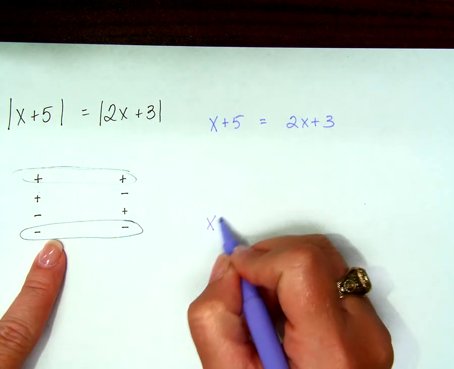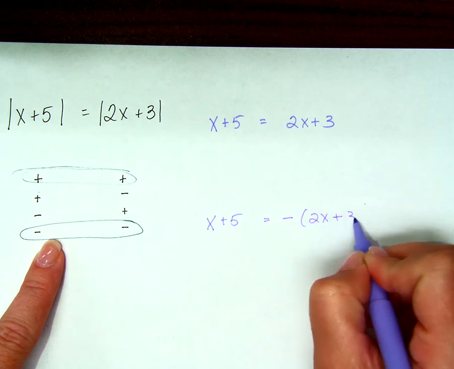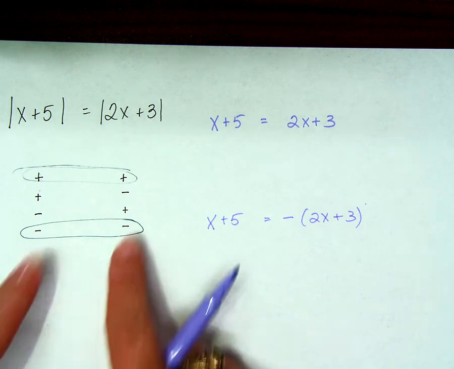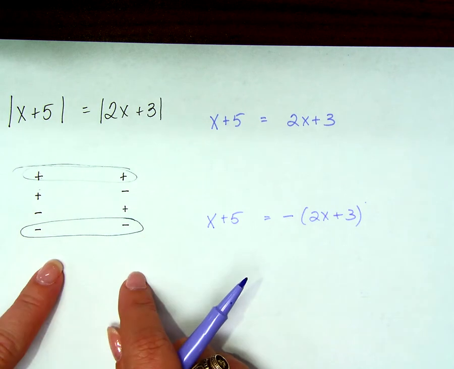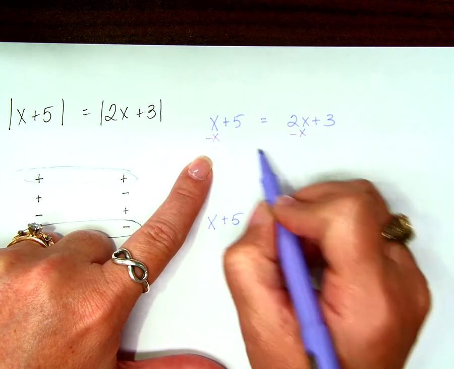So I typically make the first one positive and the second one negative, no other reason than that. You could easily make the first one negative and the second one positive. We've already discussed why that's the same thing. So now all that's left to do is solve this, correct?